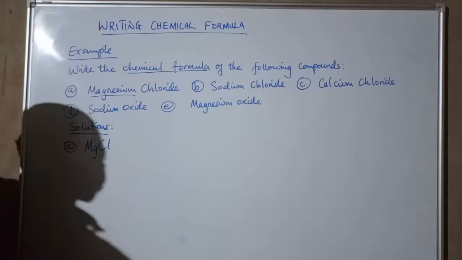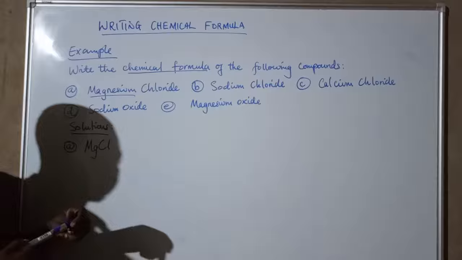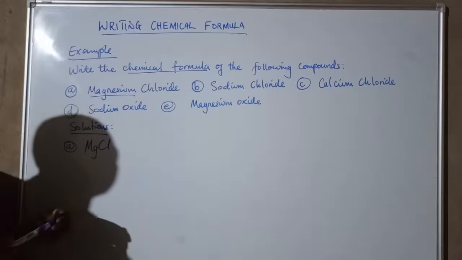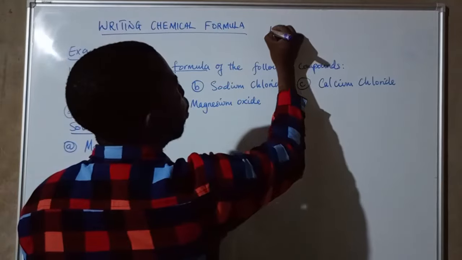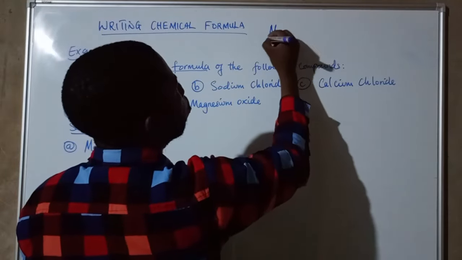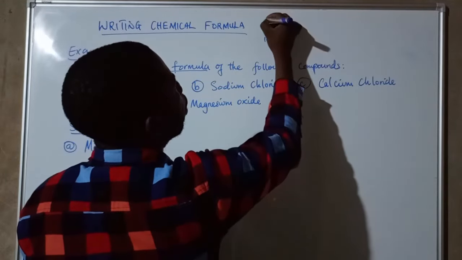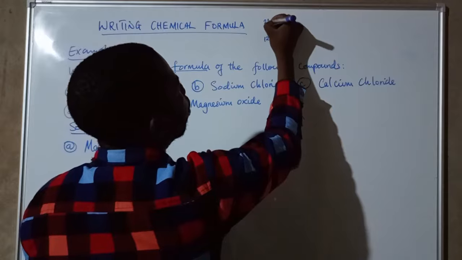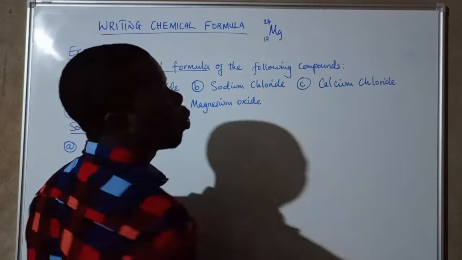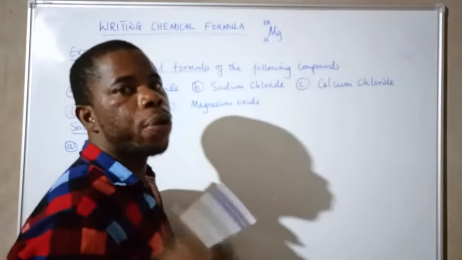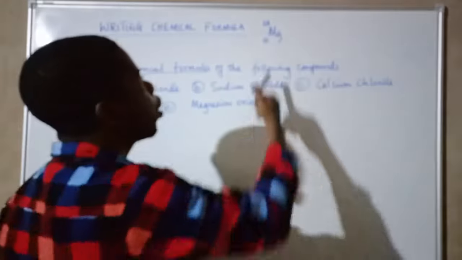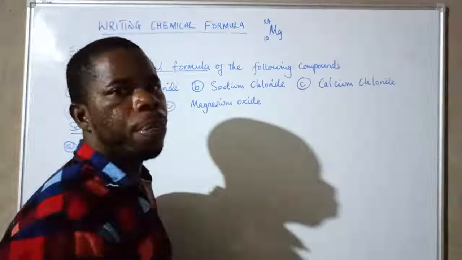Now, once you write that, the next thing is to find the valence. So how do you know the valence? When you go on the periodic table, magnesium is going to be like this with a 12 here and a 24 here. So it is this 12 that we use. That 12 there represents atomic number or number of electrons in magnesium atom.